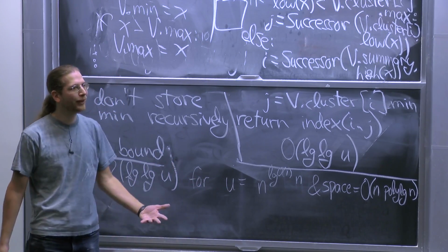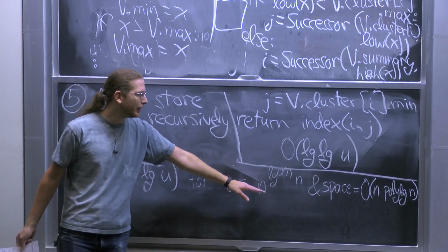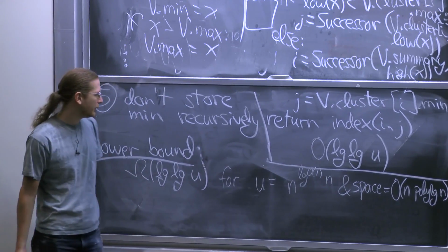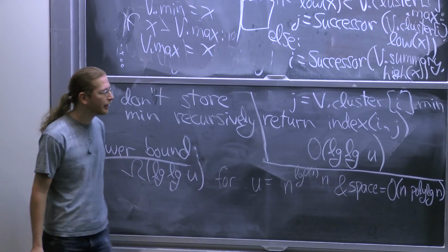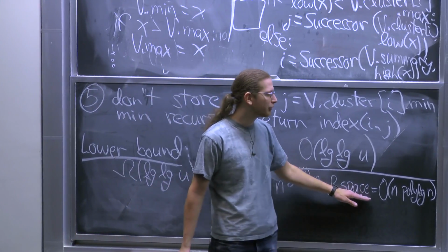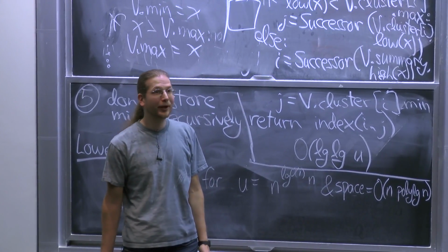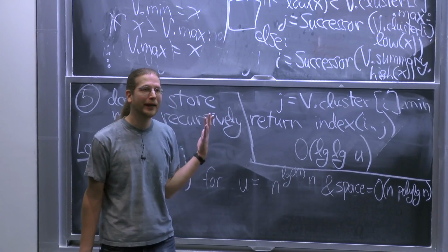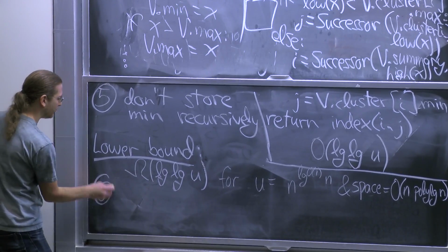If log u is more like log n, it's not so interesting. But as long as u is not too big, a little bit bigger than polynomial in n, then this is the right answer. Now, technically, you need another assumption, which is the space of your data structure is not too superlinear. Now, this is a little awkward because the space of this data structure is actually order u, not n. So the last issue is space.